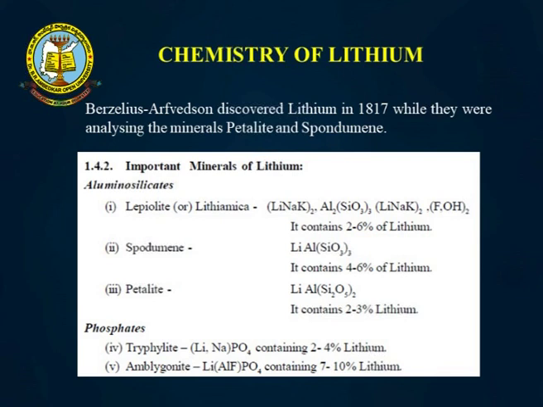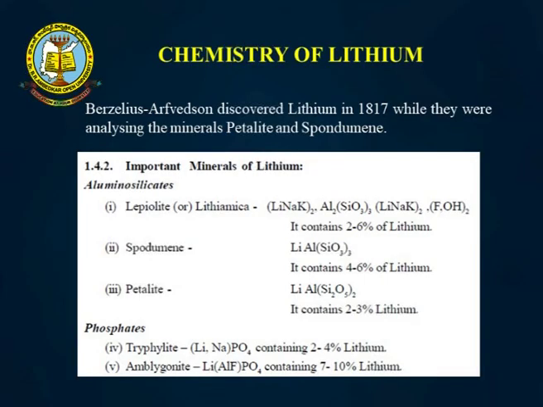Berzelius and Afvedson, these two scientists, were analyzing lithium minerals like petalite and spodumene, which are the major sources of lithium. When they analyzed these two minerals, they found lithium in 1817.